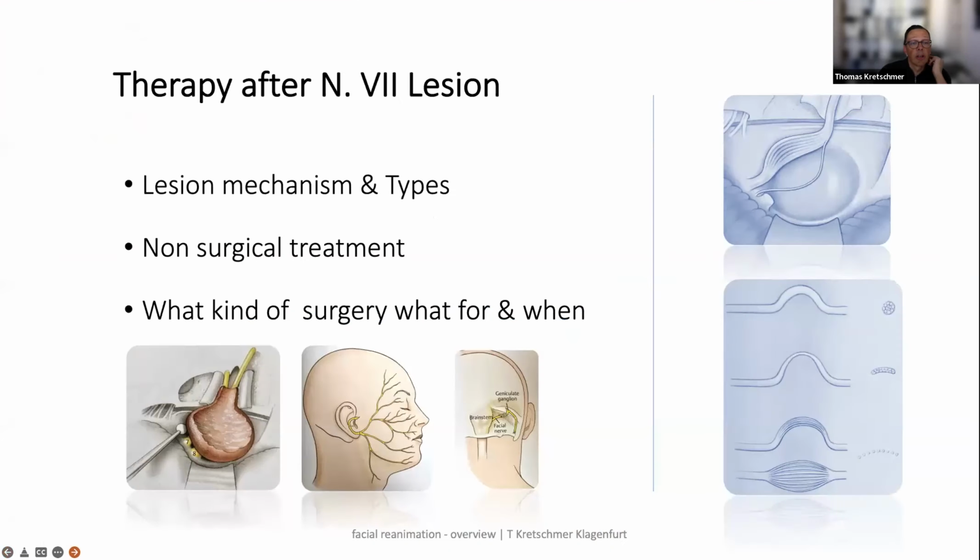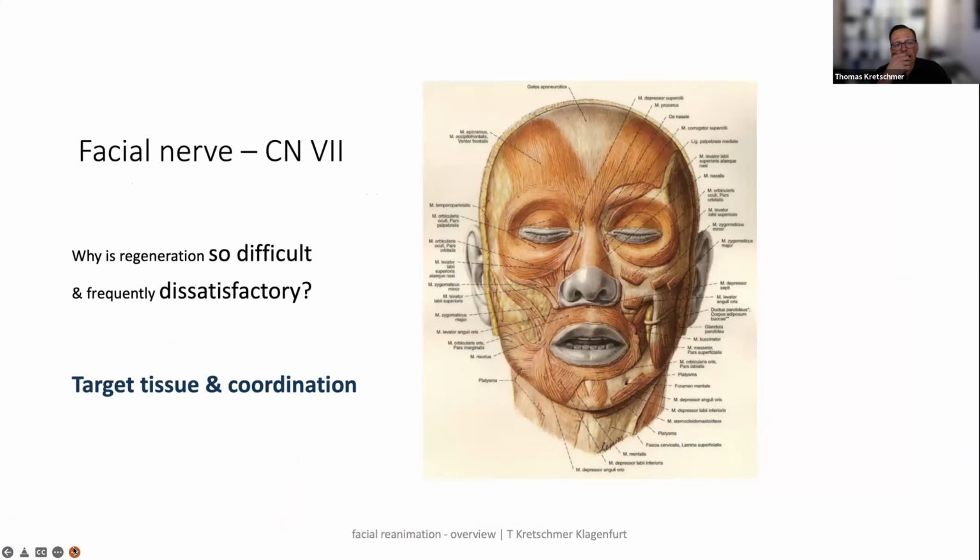Now it works. So if we talk about therapy, we want to know about, as Corey alluded to already, lesion mechanisms and types, meaning what is the reason and where is your lesion. You need to know about non-surgical treatment. You need to know about surgical options and what you could do, and especially when you do one.